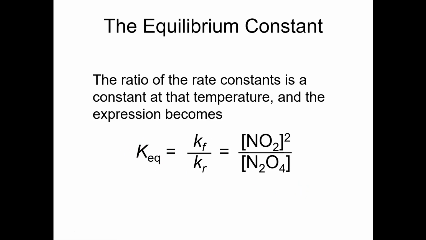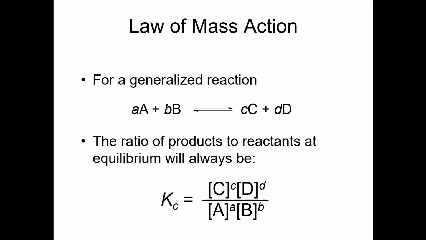Well, this is a specific case, for this reaction, of what's known as the law of mass action. And the law of mass action simply says that for a generalized reaction in which aA plus bB goes to cC plus dD, the capital letters represent the substances. The lowercase letters represent their coefficients in the balanced equation.